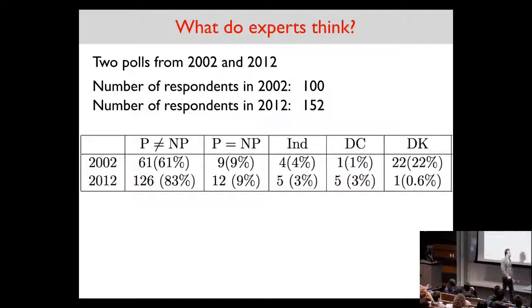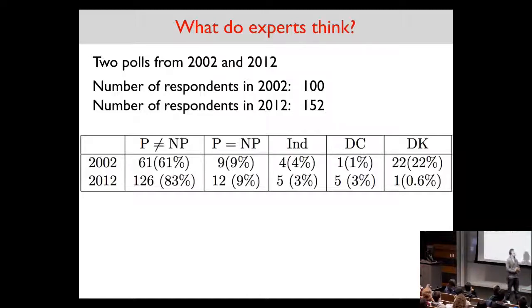Some people think it's independent of ZFC. So ZFC, these set theory axioms. Some people think that you will not be able to prove P equals NP or the other way around, P is not equal to NP, using these axioms. That's what that means.